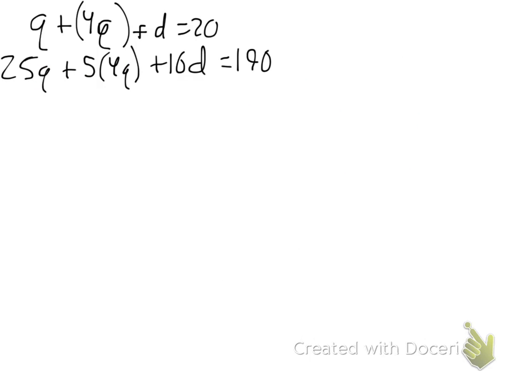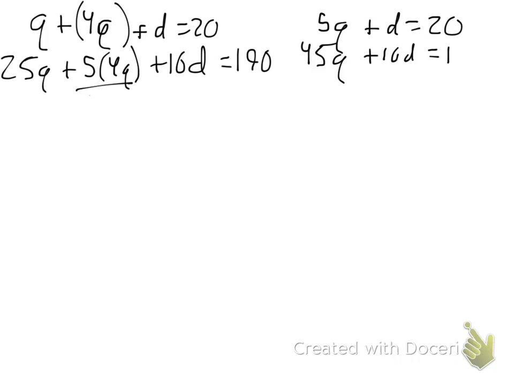Simplifying these, I end up with q plus 4q, which is 5q, plus d equals 20. And this would equal 20q plus the 25, which is 45q, plus 10d equals 190.